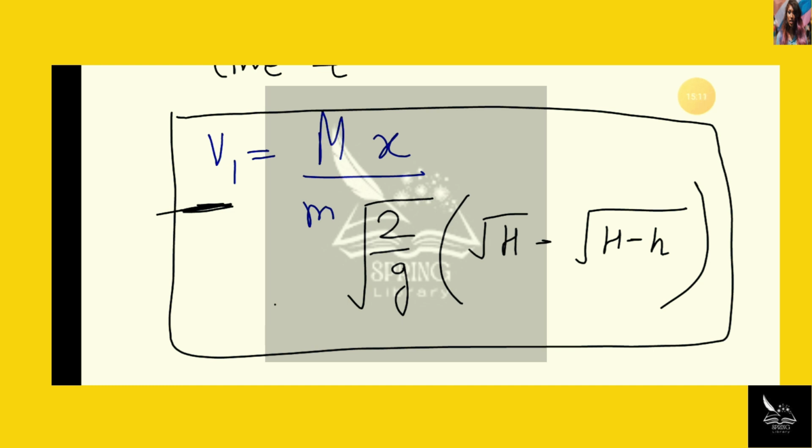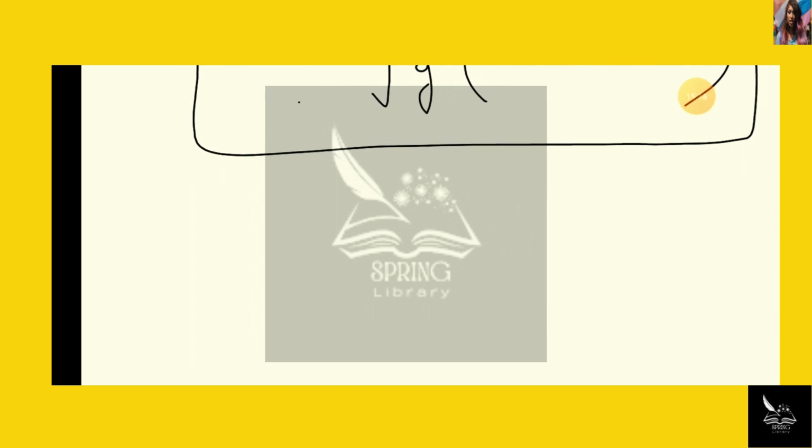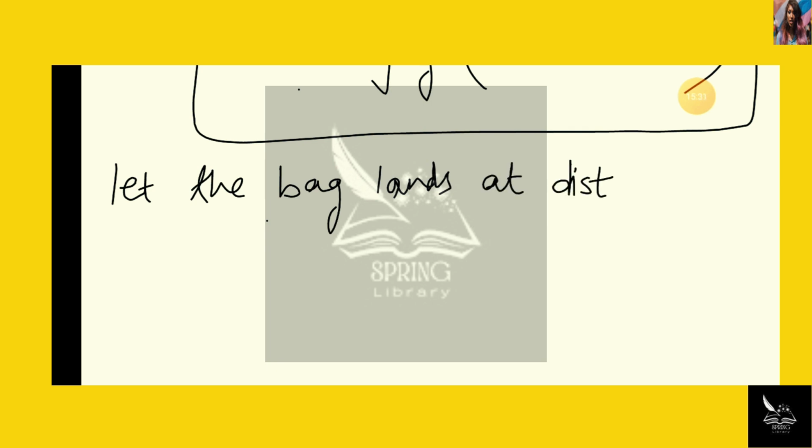Now the next step is we have to find the location of the bag where it is landing on the ground. So I will consider that the bag lands at distance x towards left from the actual line of fall.